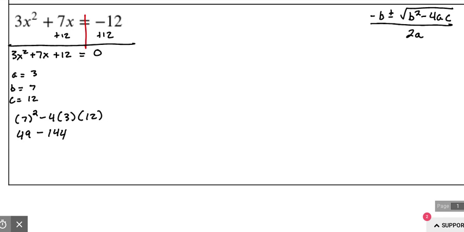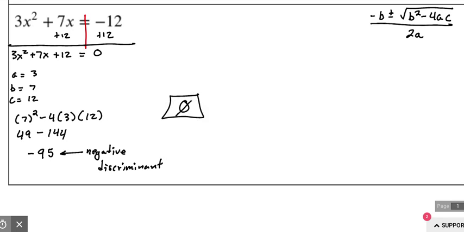I subtract those, and I get negative 95. Well, that's a problem. I have a negative discriminant. There's no reason to do any more. I cannot do this with a negative discriminant. I have 0 solutions. My answer is the empty set.